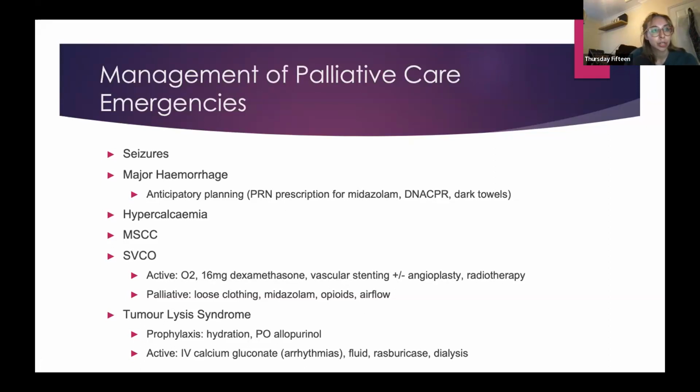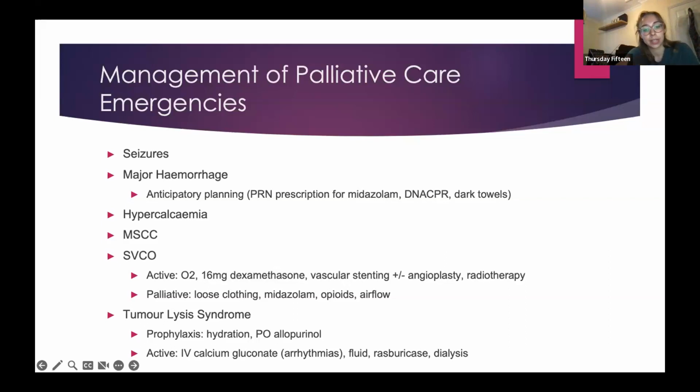Superior vena cava obstruction is obstruction to the SVC by external compression or direct invasion from a cancer. So some key symptoms of SVC obstruction are breathlessness, visual changes, swelling of your face, neck and arms, headaches, and things like that. The classic Pemberton sign is where they put their arms over their head and they get lots of facial flushing.